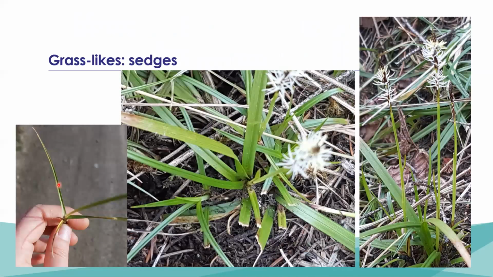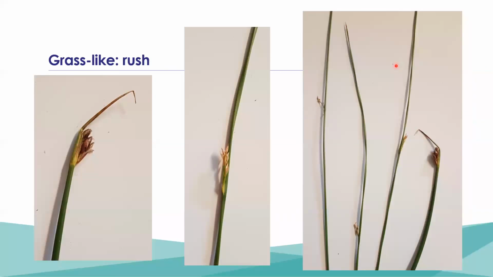This sedge here again has long linear leaves, has leaves in whorls of 3, and doesn't have any of those collar features, and our seed head looks nothing like what we've seen from the grass. And finally, that rush. Along the entire plant on the right, you see there's absolutely no nodes. That seed head does not look anything like what we've looked at for grasses, and this little extra structure up here is the leaf, and there's just the one sad little guy. So there's a good example of grass-like plants that are not grasses.